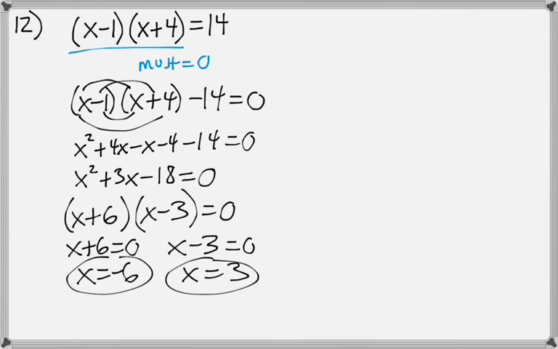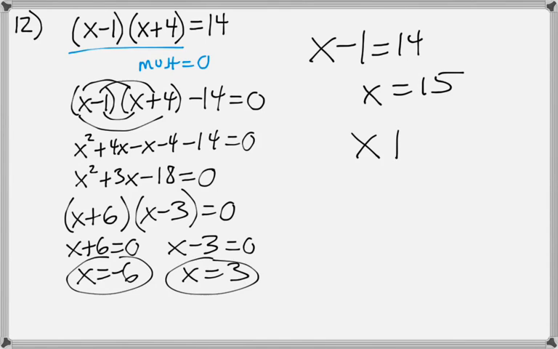So anytime that it looks like it's been factored already, be really careful because we can't just set x minus 1 equal to 14 and get x is equal to 15 and set x plus 4 is equal to 14 and get x is equal to 10.